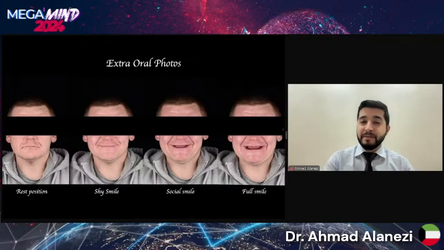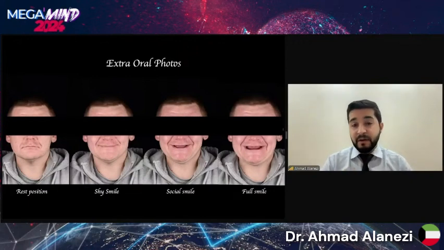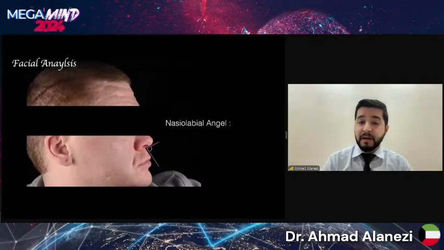I'm talking you through the thought process of what we do when planning a case like this. Facial analysis is important. We found that the lip support to the nasolabial angle here is within 90 degrees without the prosthesis, which is a good number.